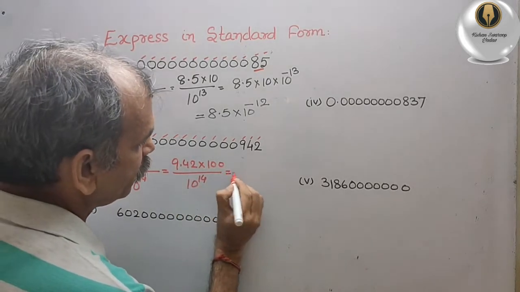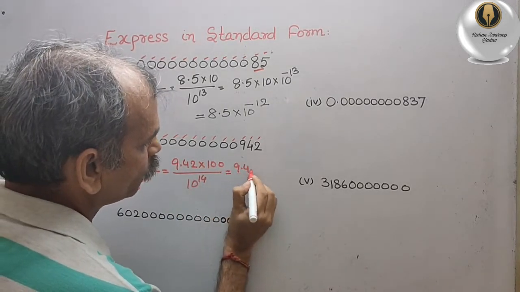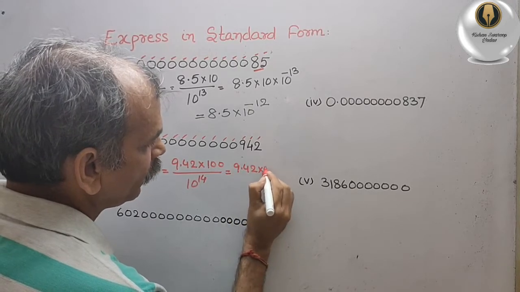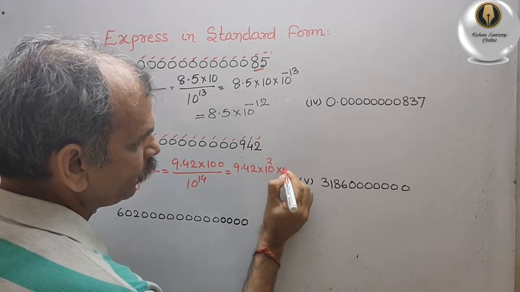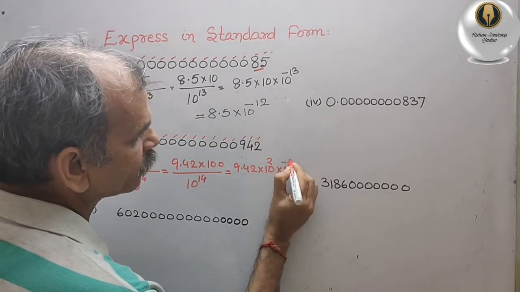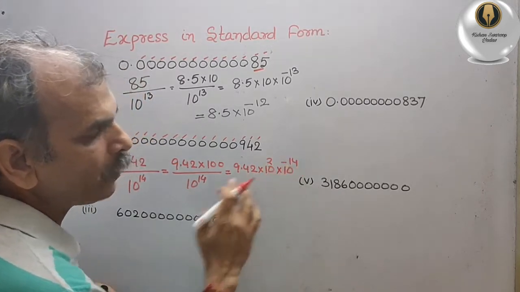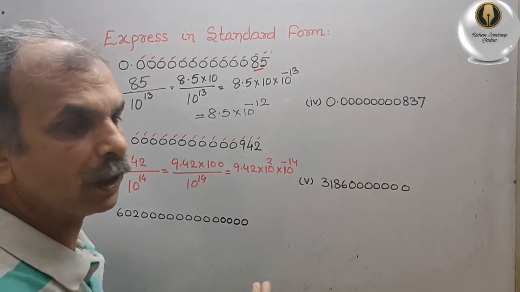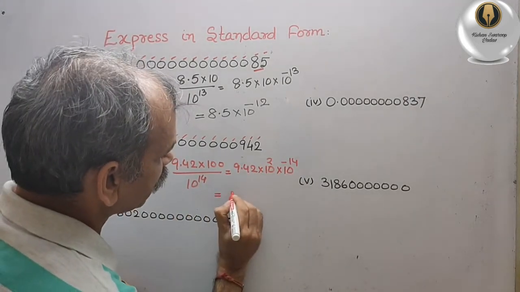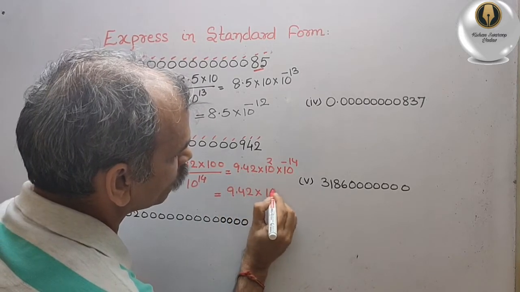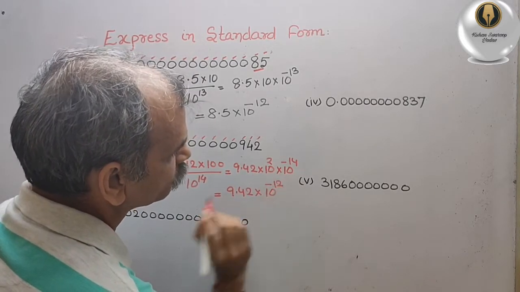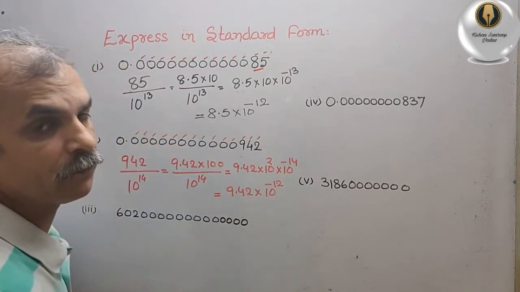So it will be 9.42 into 10 to the power of 2 into 10 to the power of minus 14. So 2 minus 14 is minus 12. So now your answer is 9.42 into 10 to the power of minus 12. So this is in your standard form.